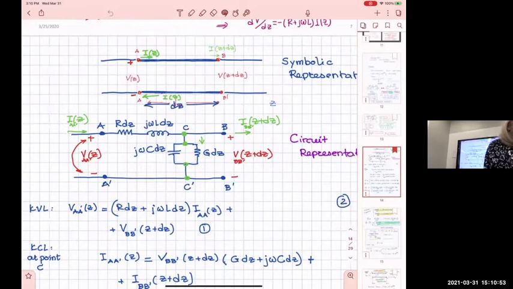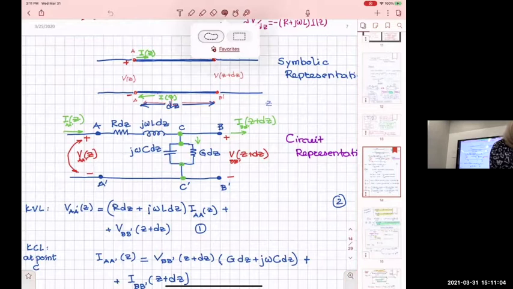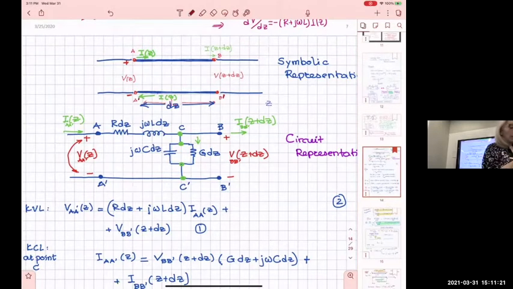So in the symbolic representation, we take a section of the line, and we assume that this section is very short, and we call it DZ, and it's here. And then we have a line that starts at A prime, and I need to put the prime here, so it somehow got lost, and B, B prime on the other end.